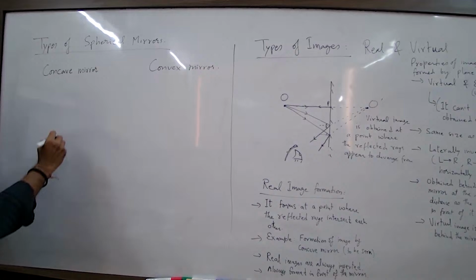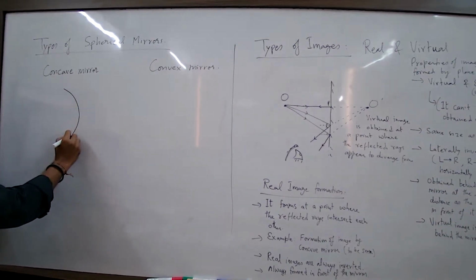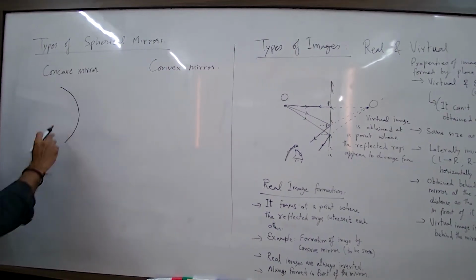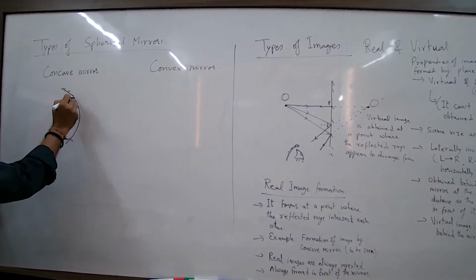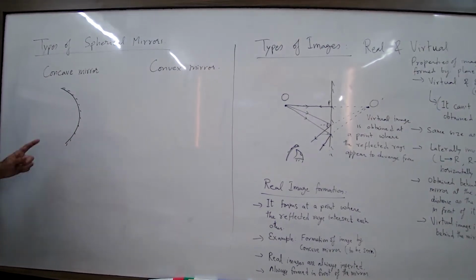So what is a concave mirror? The reflecting surface is curved inwards, like this. So this is a concave mirror.